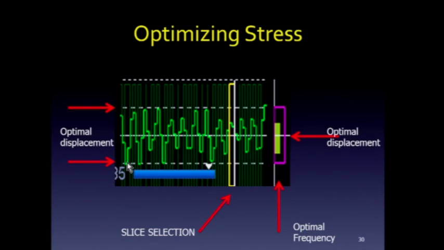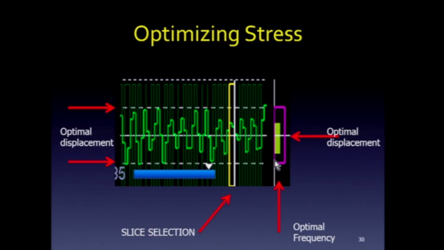So also when we're doing strain elastography, we can vary not only the displacement of the probe to cause the stress, but the frequency. And what this vendor has is a box here, and in this dimension, this is the optimal frequency, this is the optimal displacement. So ideally, to get the best picture, what you'd want to do is have your yellow box exactly match this purple box.